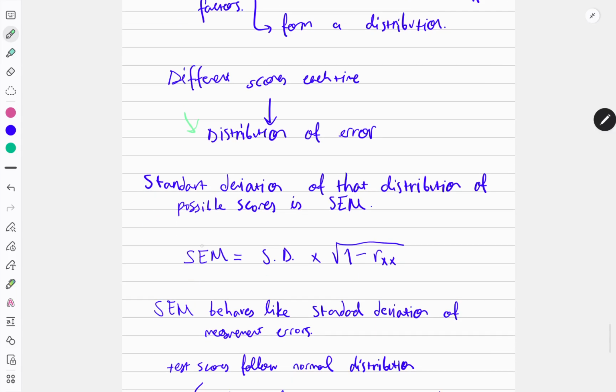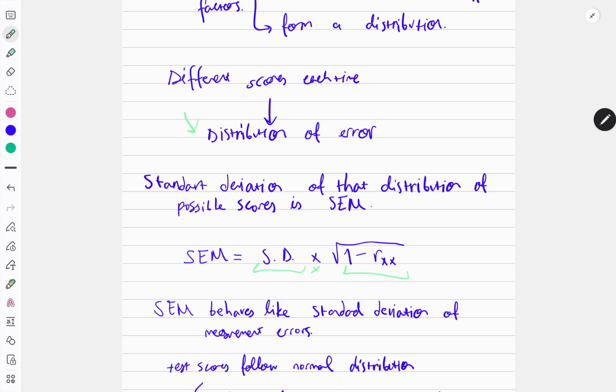So we can find SEM by taking the standard deviation and multiplying it by the square root of one minus reliability.